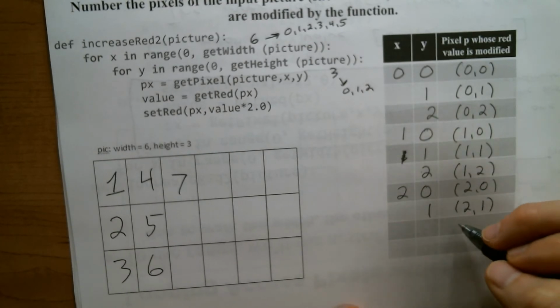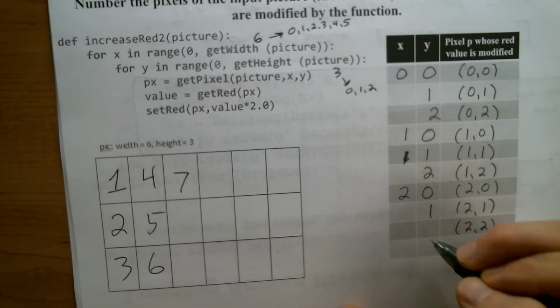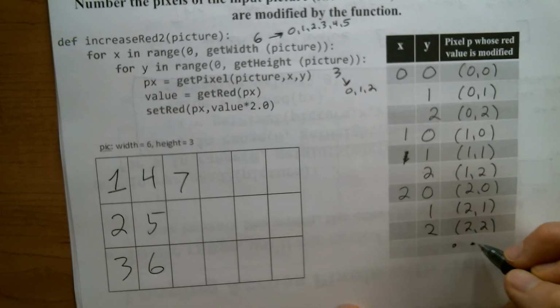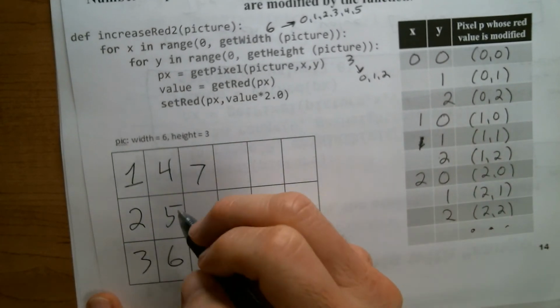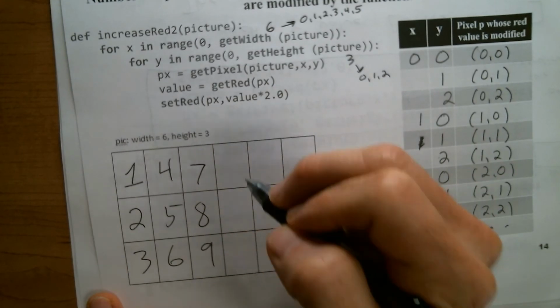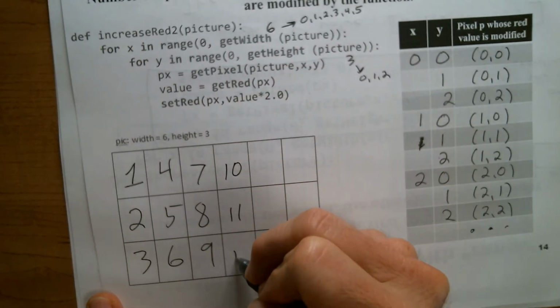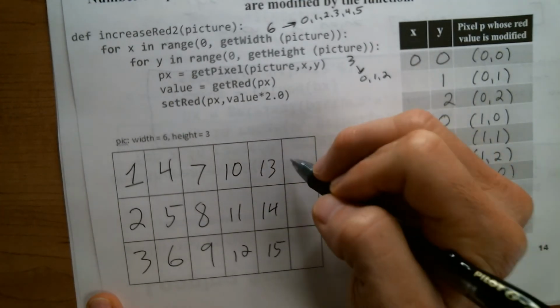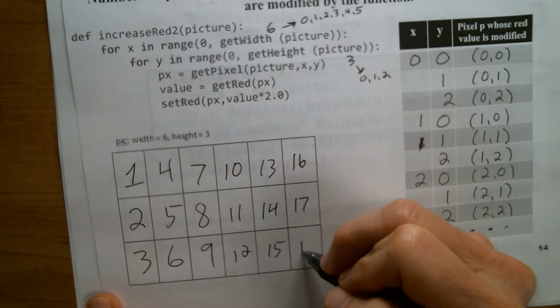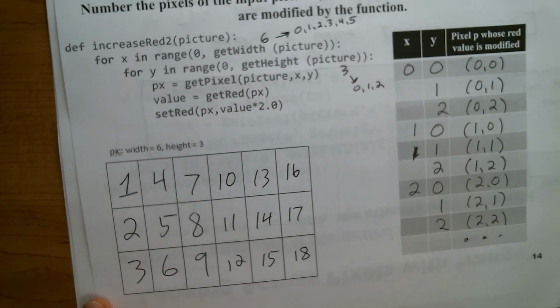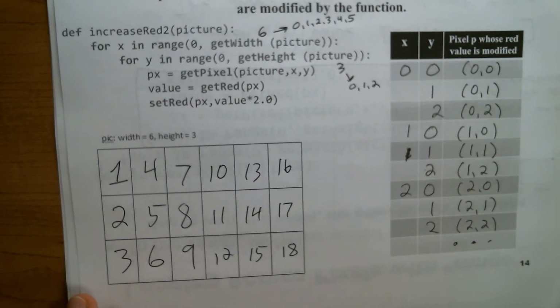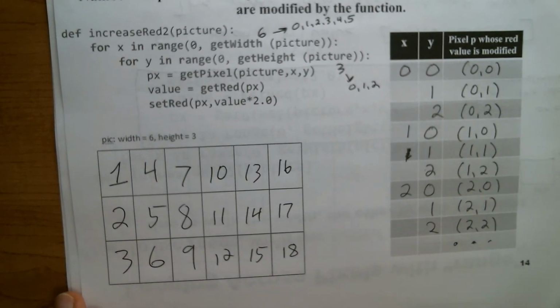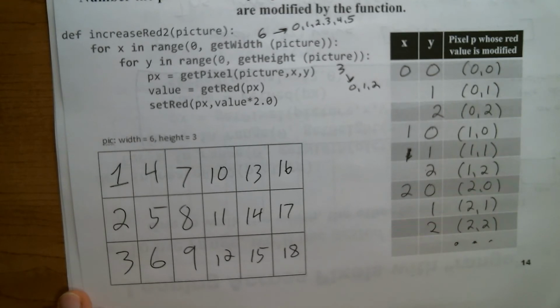Then 2, 1, then 2, 2, and so on. We can see we're going 7, 8, 9, then 10, 11, 12, 13, 14, 15, and then 16, 17, 18. That's how it's moving through the picture and changing it pixel by pixel.